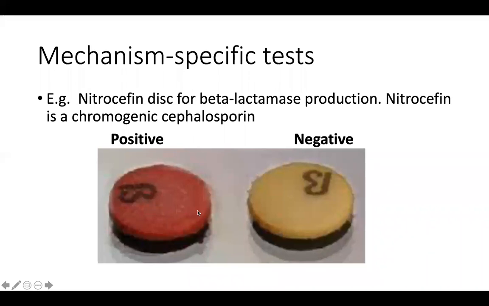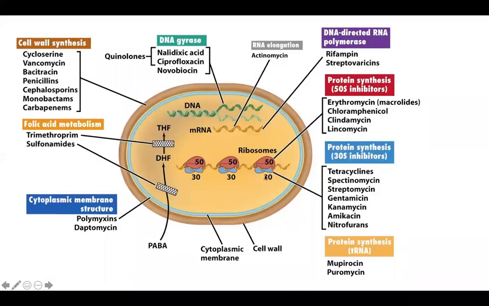If it changes color to red, then you know that it produces beta-lactamase. So you'll advise them to avoid beta-lactams, and if you have to, you need to use a beta-lactamase inhibitor. That's an example of a mechanism-specific test.